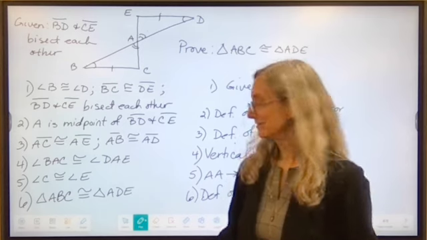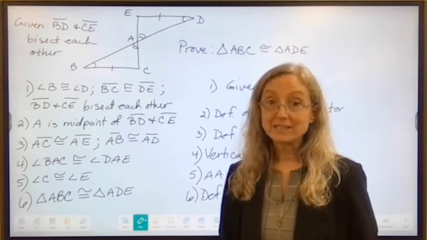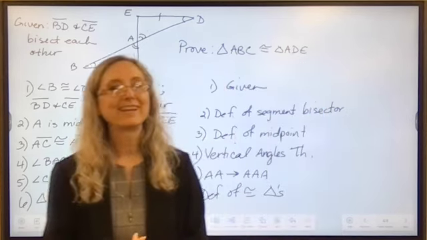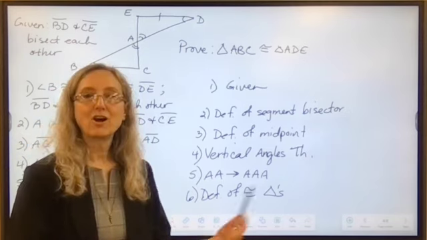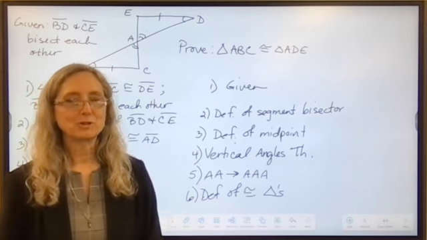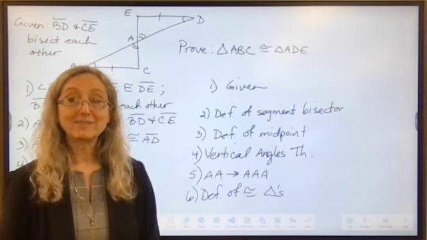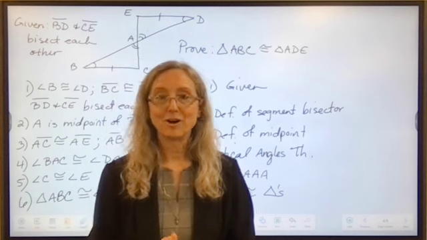How do I know that triangle ABC is congruent to ADE? Because by definition, if all 3 sides and all 3 angles are congruent, then the triangles are congruent. So that's just the definition of congruent triangles. And yes, I used symbols as a shorthand, but it works. It communicates my reasoning. So I have now totally proven that these 2 triangles are congruent.